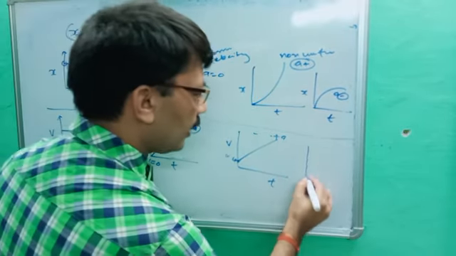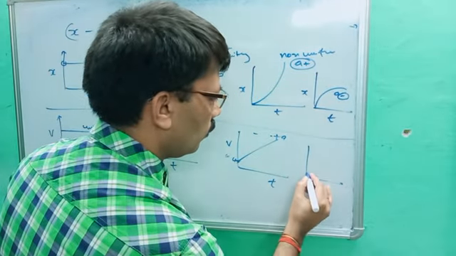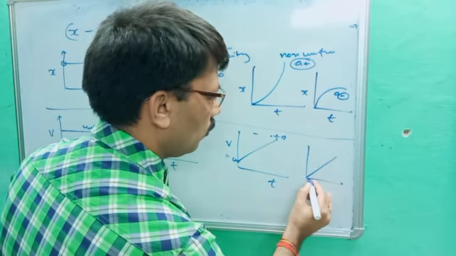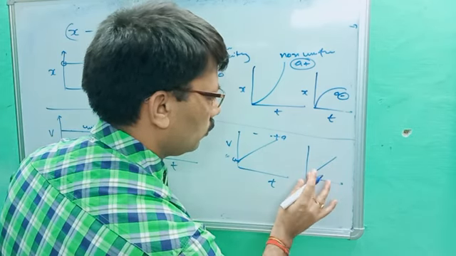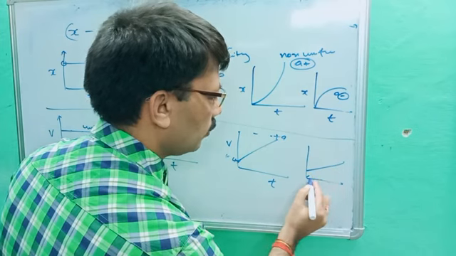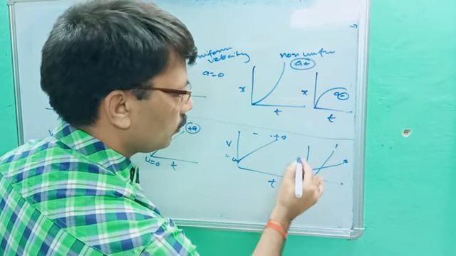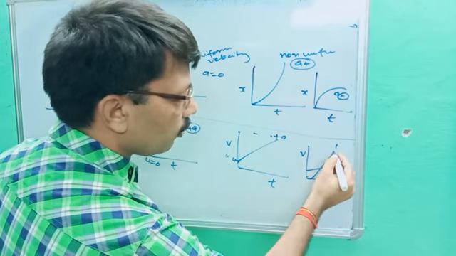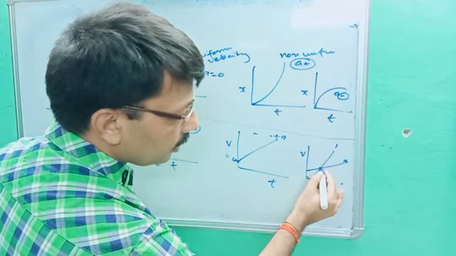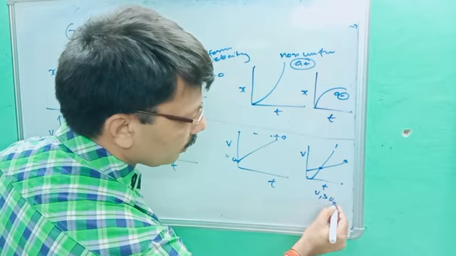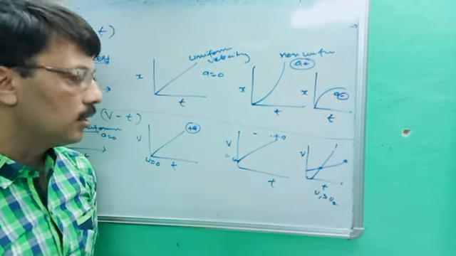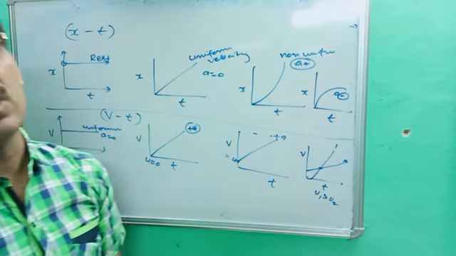Okay, if you are getting two lines like this, this is 1 and this is 2. This is a vt graph. It means the velocities meet each other here. Here V1 is greater than what? V2. The velocity of the first body is greater than the velocity of the second body.